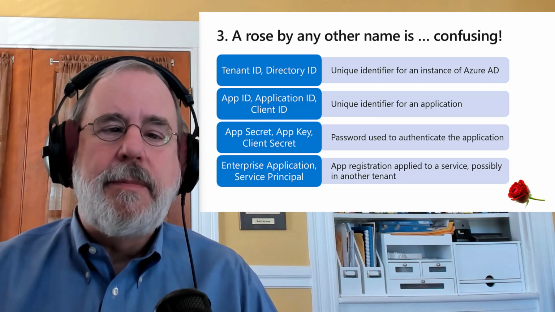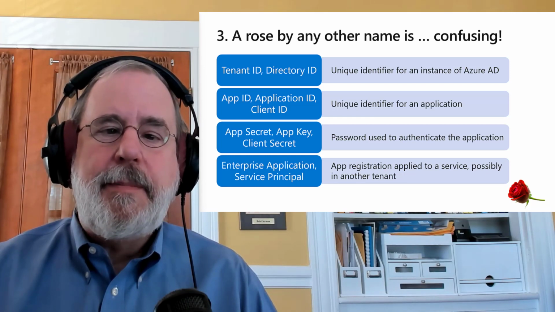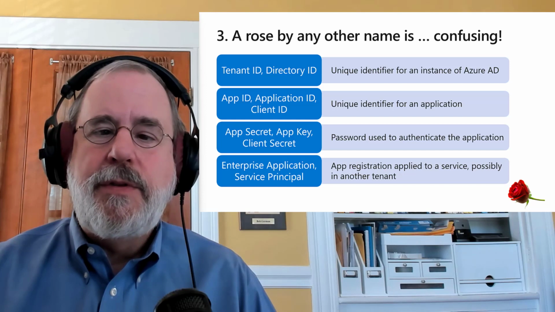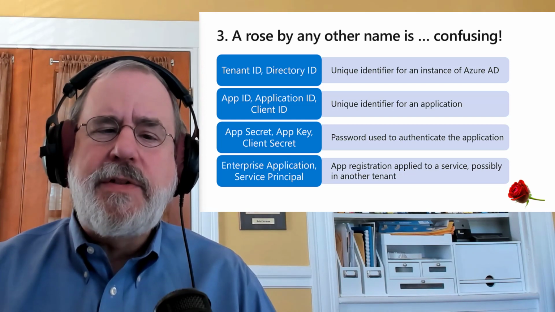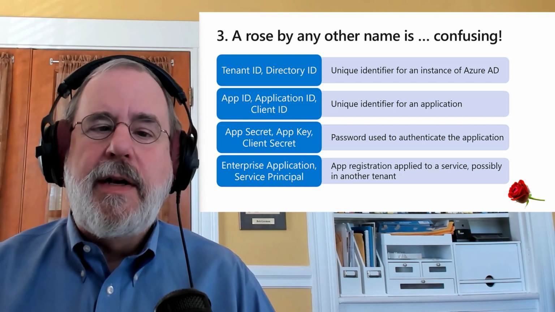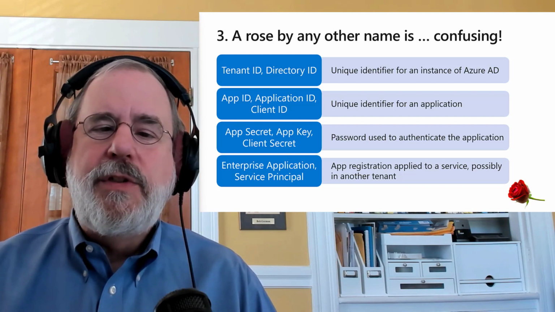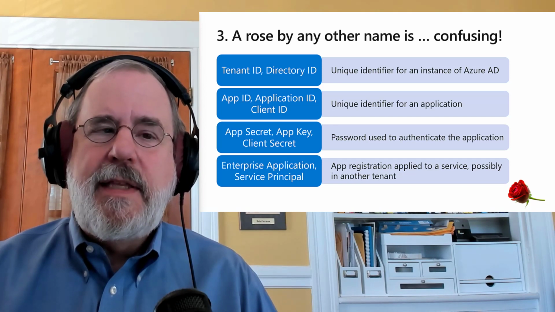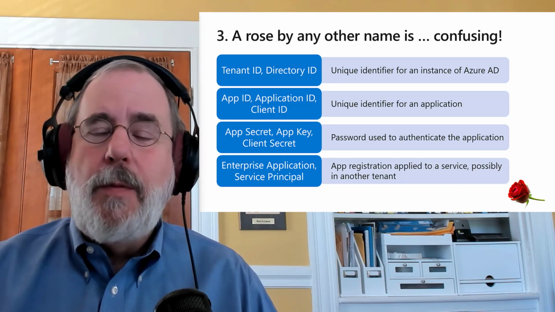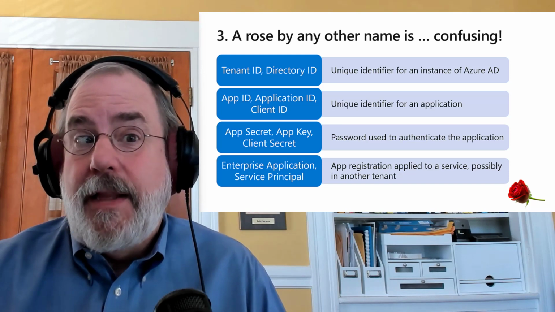Client secrets are sometimes referred to as app secrets or app keys. It's basically a password used to authenticate the application's identity. And there's also something that we'll get to later called an enterprise application, which is also called a service principal. And so these things are, hopefully, less confusing now that you know that they're really the same.